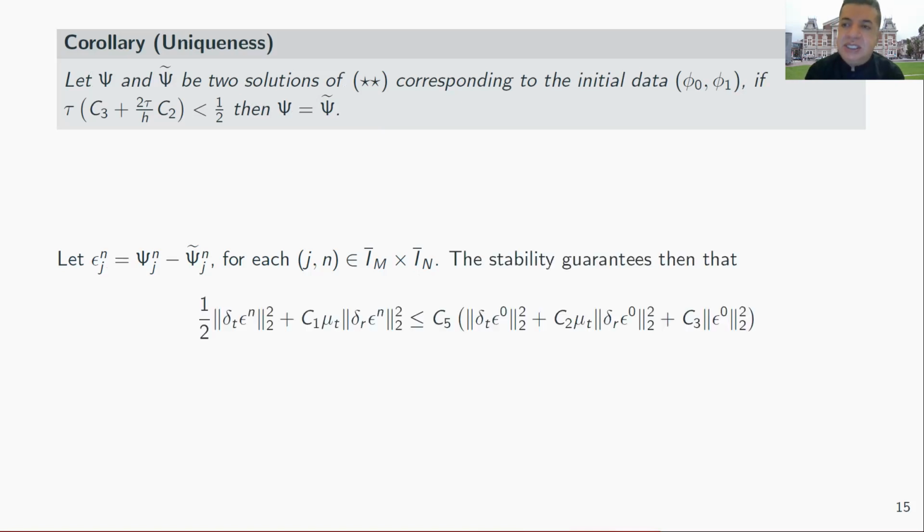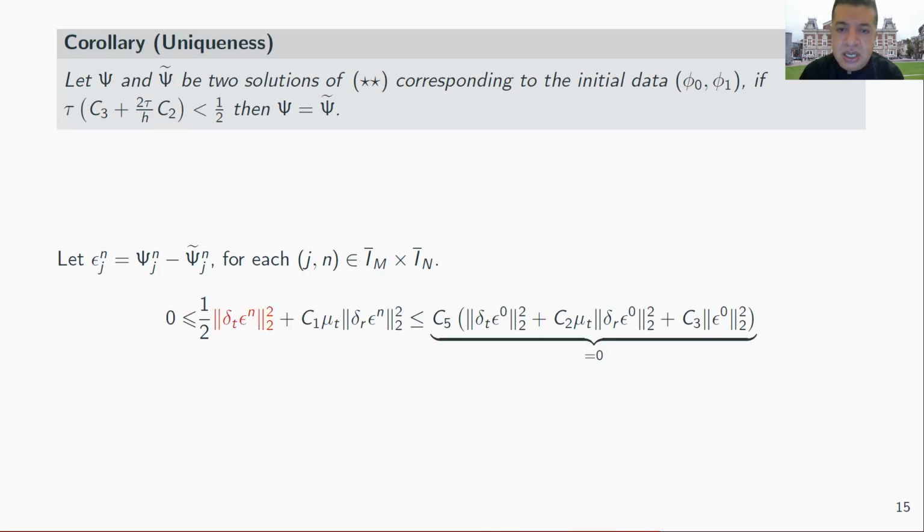And we use the stability, which guarantees that this inequality is satisfied, but the initial data are the same for the two solutions, so the right part of the inequality is equal to 0.